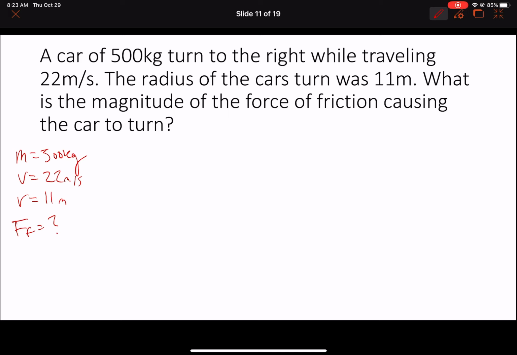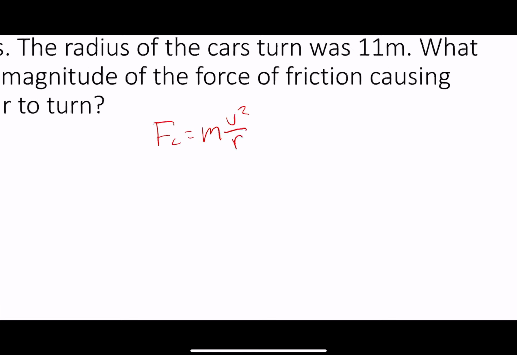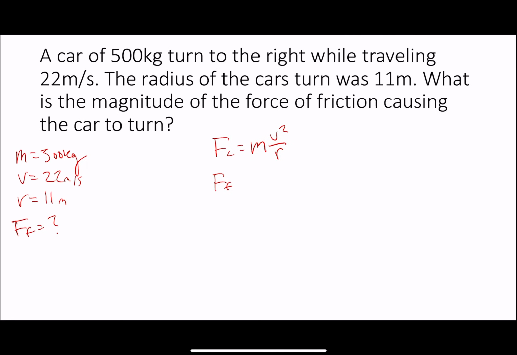And so it turns out our frictional force is our centripetal force. So if we write down this equation for centripetal force, I'm going to replace centripetal force with frictional force, because frictional force is really what we're talking about here. We're looking for the frictional force, which is our centripetal force in this situation.